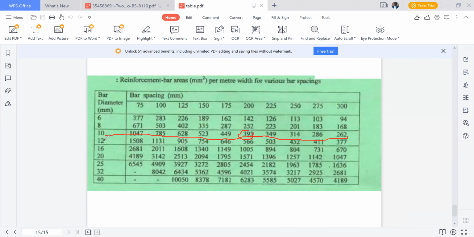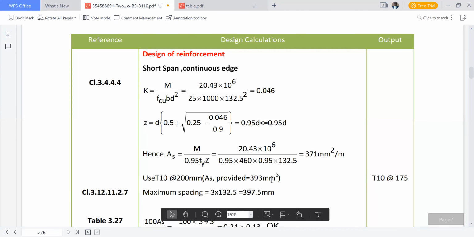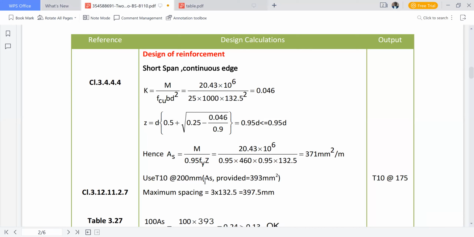So 393 means 10 diameter bars placed at 200 center to center, because we said you also have to meet the criteria for the maximum allowed spacing. And that is why we have now 393 millimeter squared, but now you provide T10 at 200 millimeter center to center. Area provided is that.